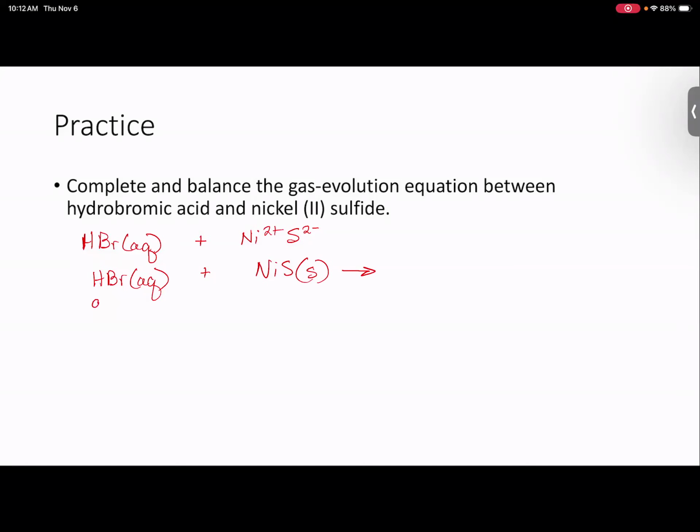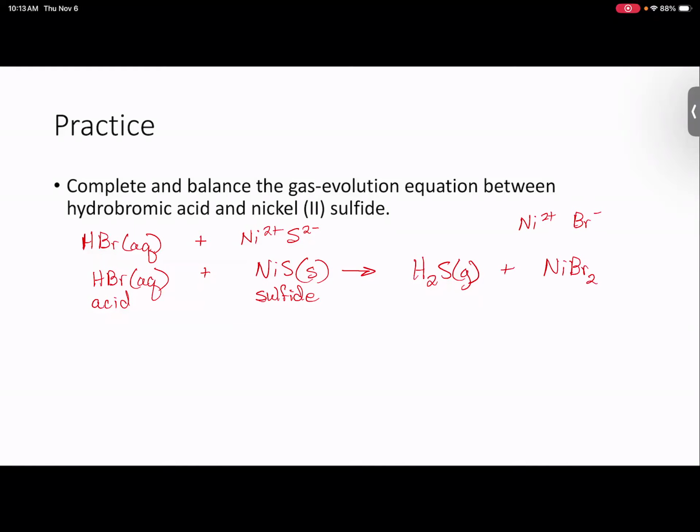Because I have an acid with a sulfide, I know that one of my products is going to be H2S, and that will be a gas. The other product will be the result of nickel reacting with bromine to make NiBr2.